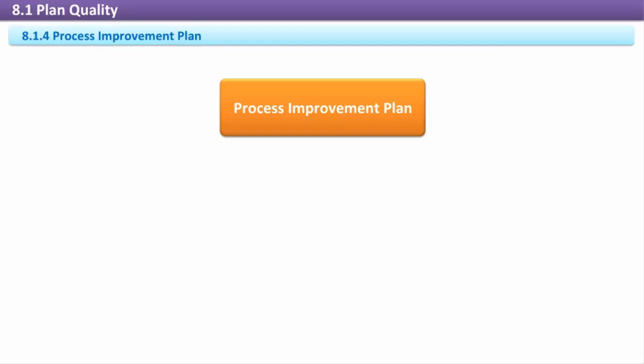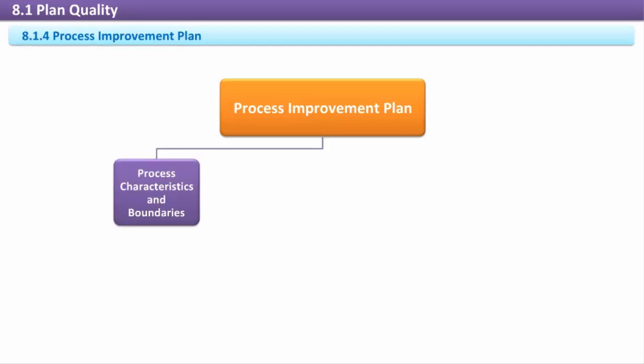This is accomplished by streamlining processes and eliminating non-value-added activities, which will occur during the perform quality assurance process. The Process Improvement Plan will include process characteristics and boundaries, a description of the process, what the policies are behind the process, what its purpose is, when it's to be performed, and why it's needed.